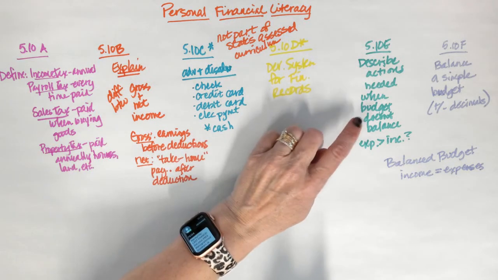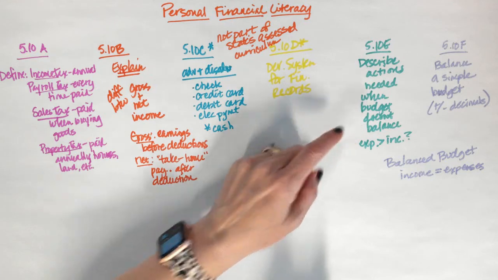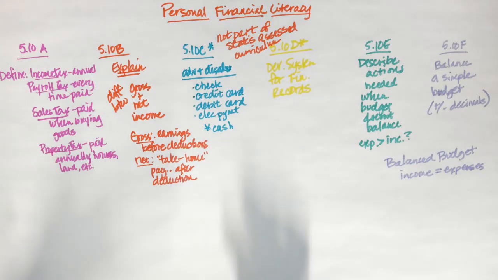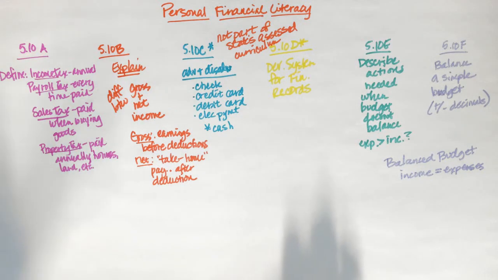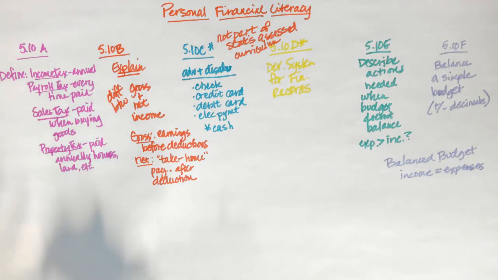So the choices that we make typically involve what happens when you have more income than expenses. Well, then you're able to make decisions about things that are wants, not just needs, and you're able to put money in savings.